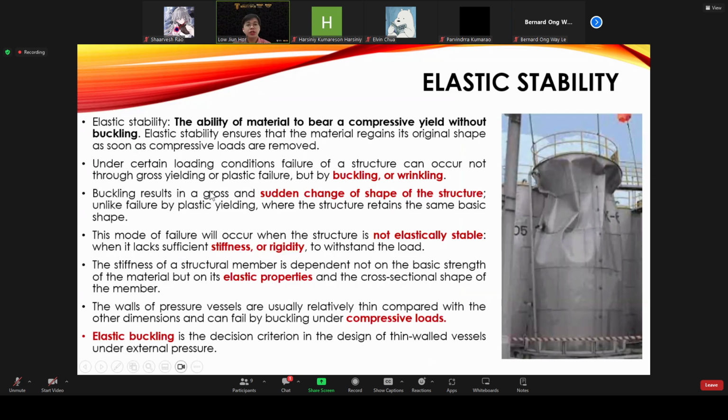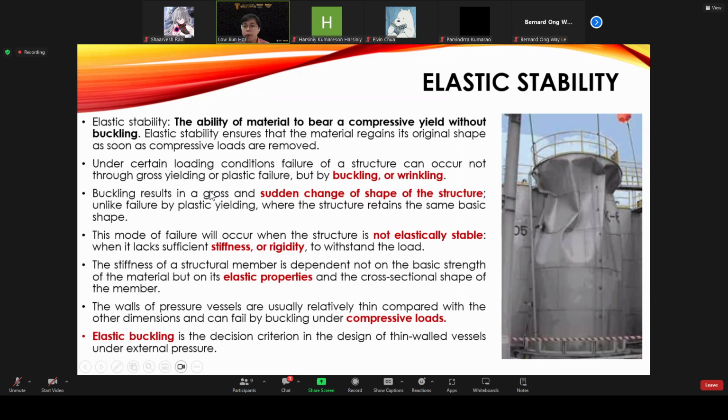Now, besides the thickness, there are a lot of other properties of the pressure vessel that influence the stability, or what we call the rigidity, of the pressure vessel in order to withstand or support the external pressure.